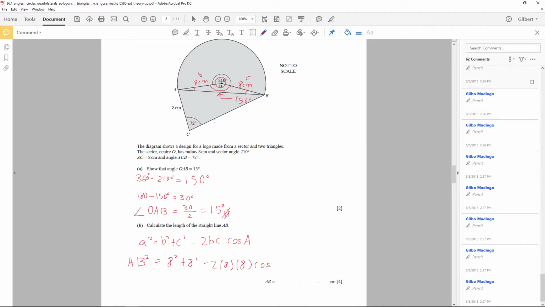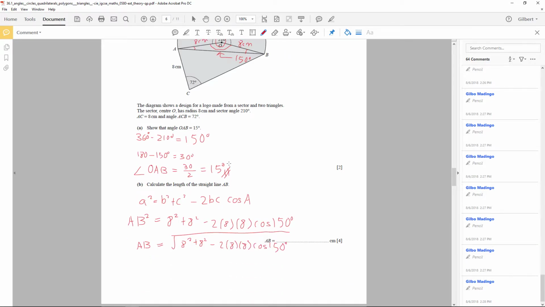So putting that into your formula, 150 degrees, we know that AB is the square root of this entire formula. 8 square plus 8 square minus 2, 8, 8 cos 150 degrees.